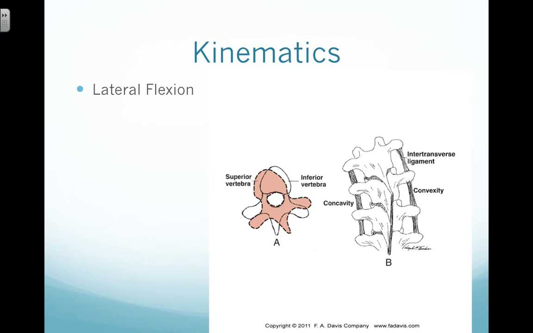The foramen, and we can see that on our picture here, will expand into the convexity side. So we'll have opening here, and then we'll have closing down on the concavity side. This is also true of the facet joints. We're getting closing down as we move through our motion, and then we're also getting opening on the opposite side.